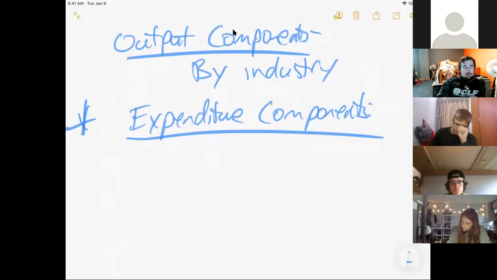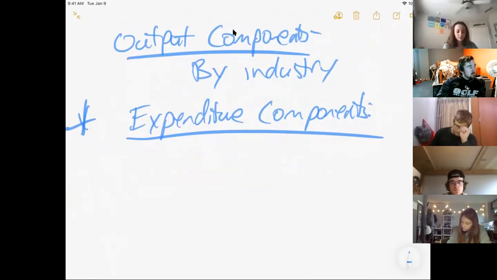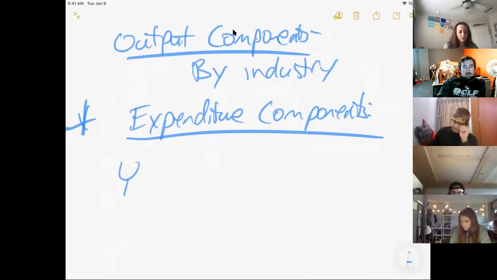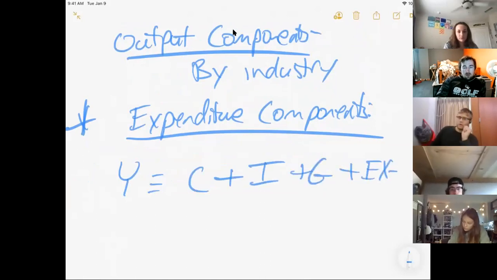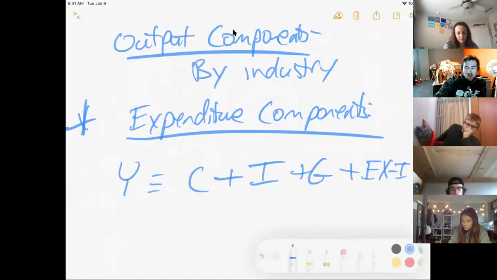So let's talk about this a little bit. How do we break down GDP by spending? The way to do this can be captured in a simple formula.